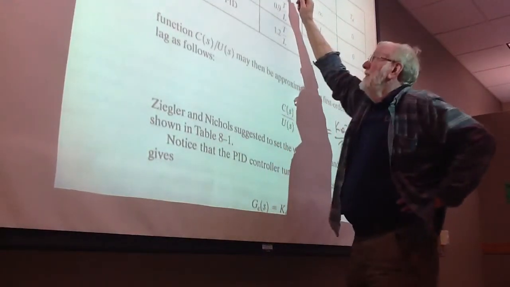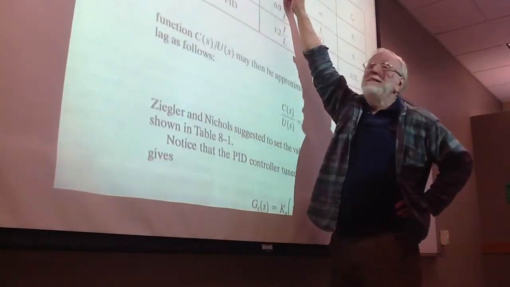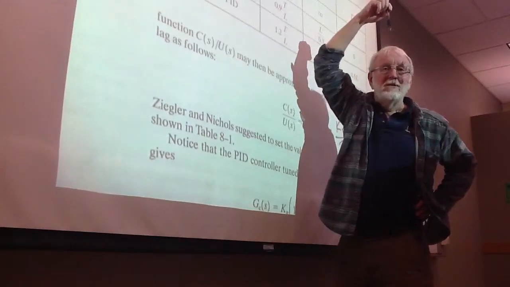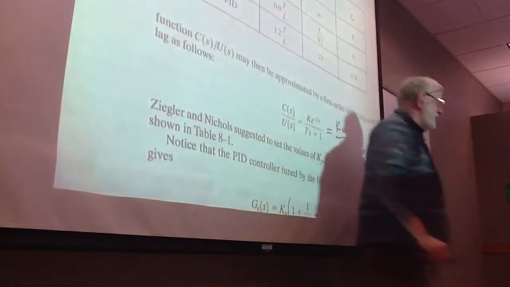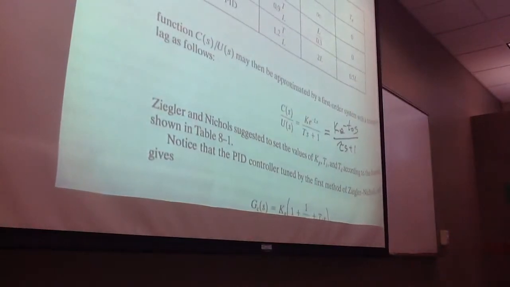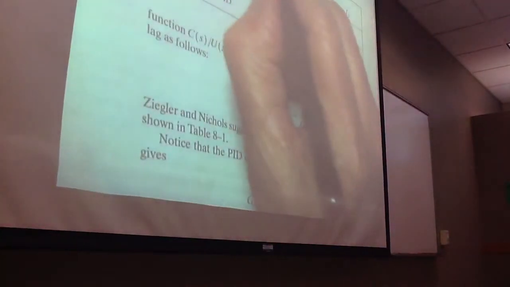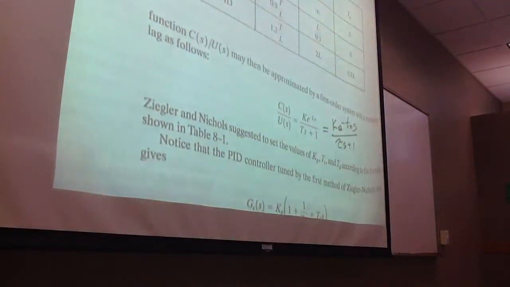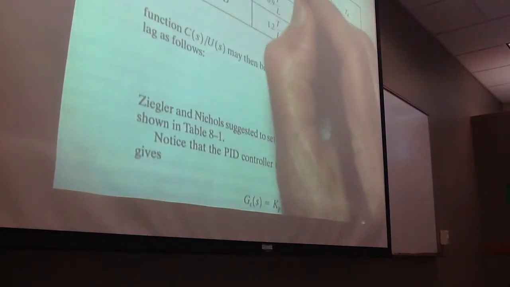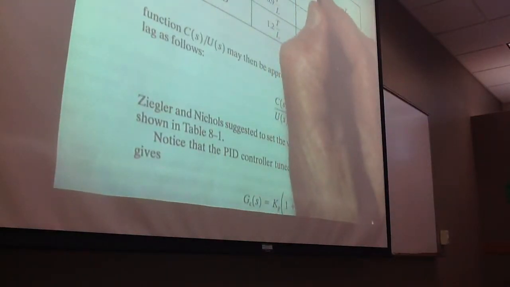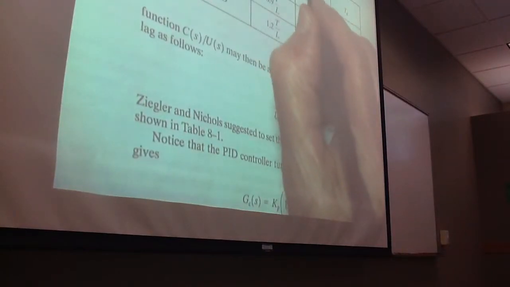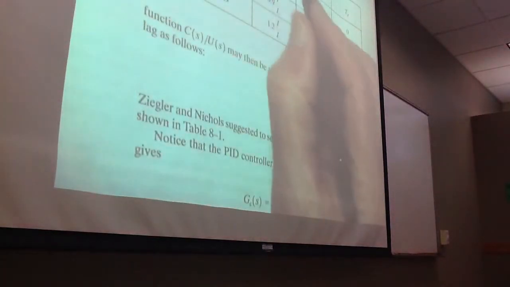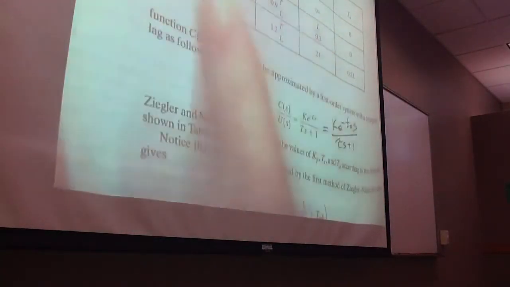By the way, he uses K subscript P, where I use K subscript C. This is the controller gain. This is the integral time constant of the controller. These are controller parameters in this table.